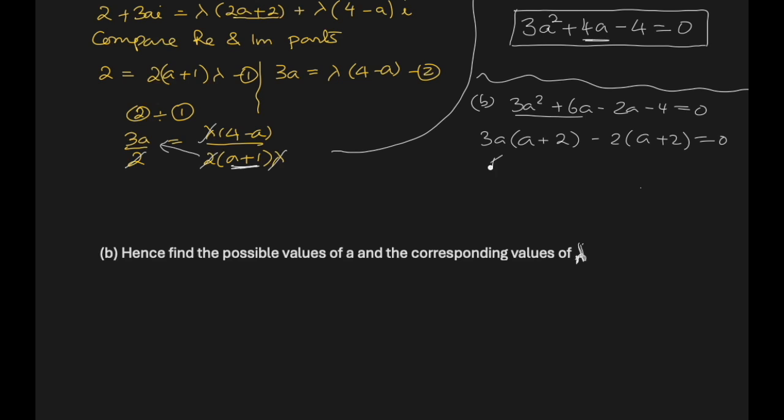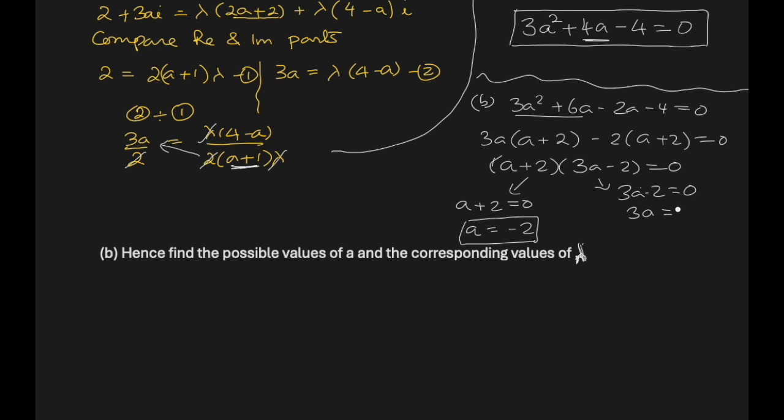So the two factors we get are (a + 2) and (3a − 2) equal to 0. So this one gives us a plus 2 equal to 0, so finally a equal to minus 2. What about this one? 3a minus 2 is equal to 0. 3a is equal to 2, so a is 2 over 3.